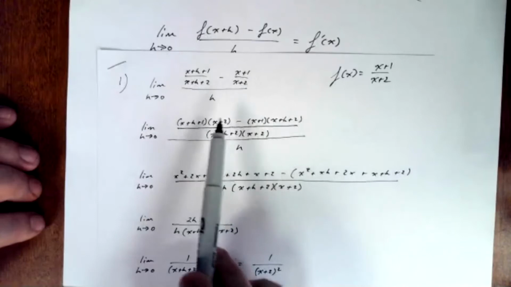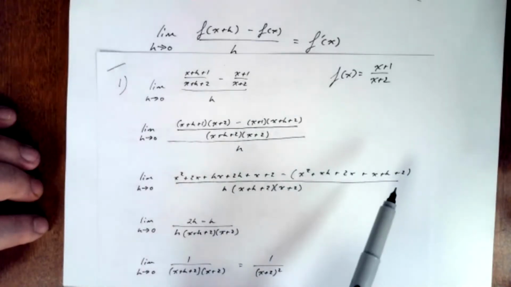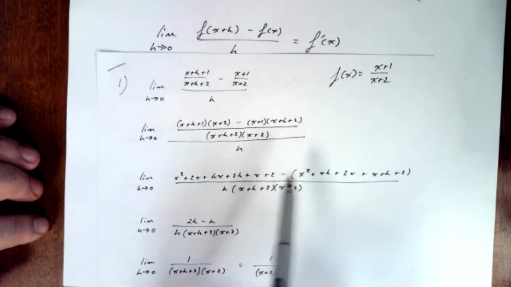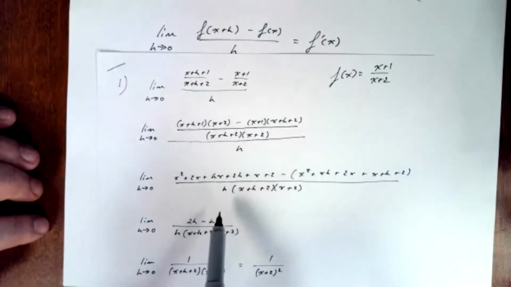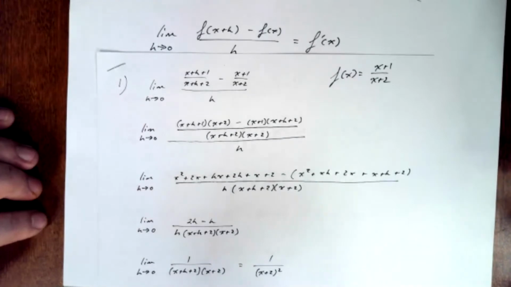And then getting a common denominator, multiplying out all of your terms, distributing the negative and combining like terms leaves you with only those two, which reduces to 1h and then reduces with the h. And then when I take the limit, h goes to 0 and I have x plus 2 quantity squared.